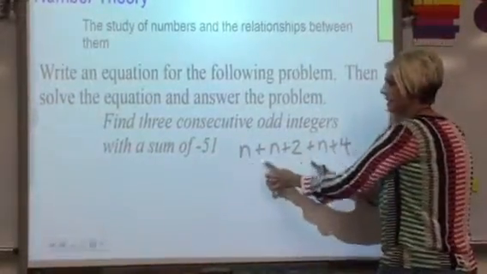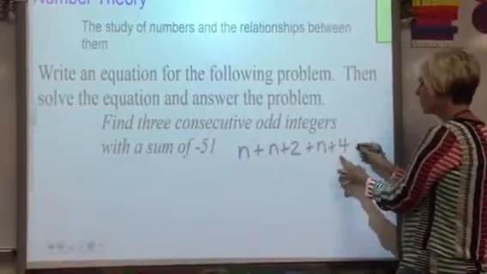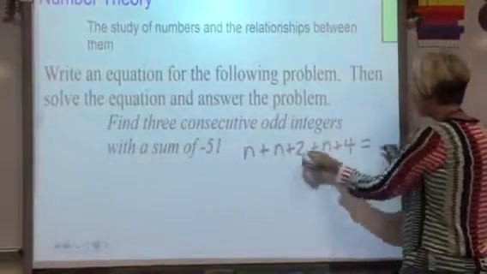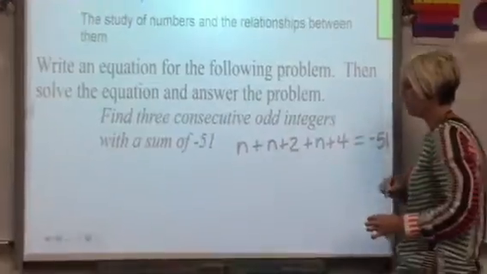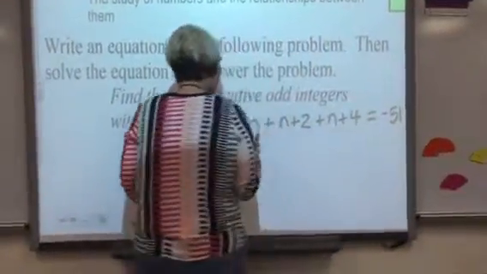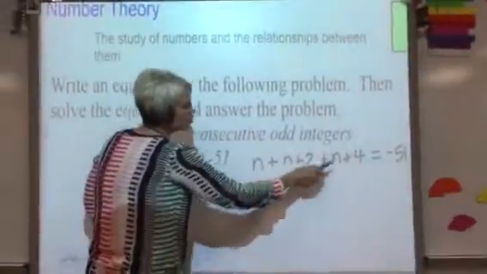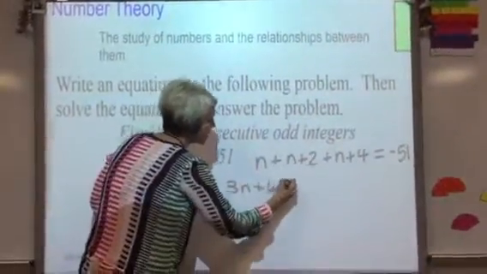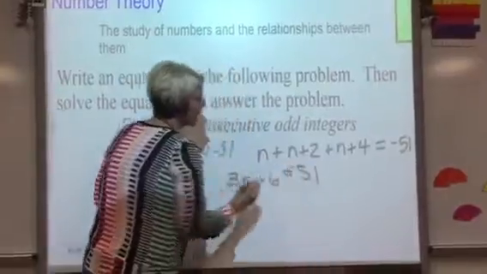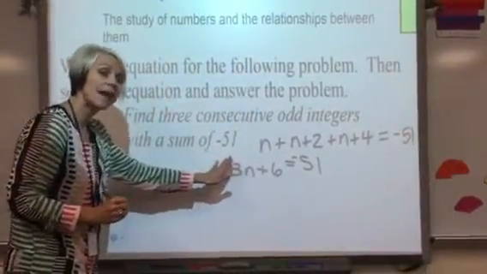There are my 3 consecutive odd integers with a sum, see I added them together, of negative 51. Let's start to combine then. n plus n plus n is 3n. 2 plus 4 is 6. And now I have an equation that I can solve and balance.